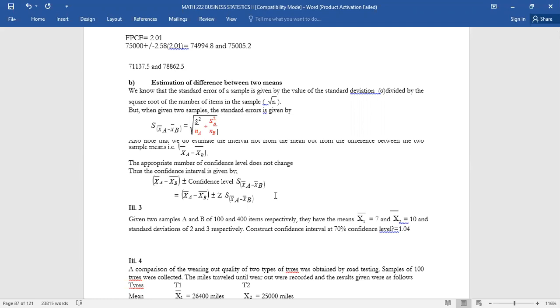So at 70% confidence level, it is 1.04. What do we get? We are just adding or subtracting the Z scores.